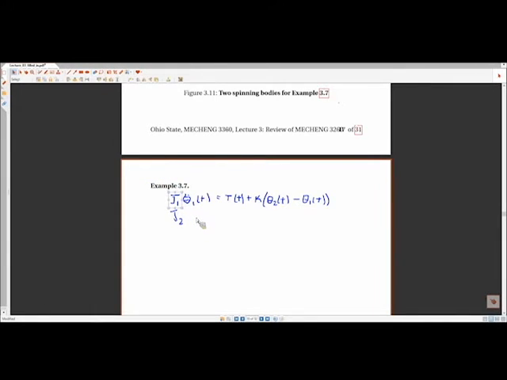Okay, I might actually go to the projector if this thing keeps up. There we go. Okay, sorry about that. J2 theta 2 double dot of t is equal to negative k times theta 2 of t minus theta 1 of t.